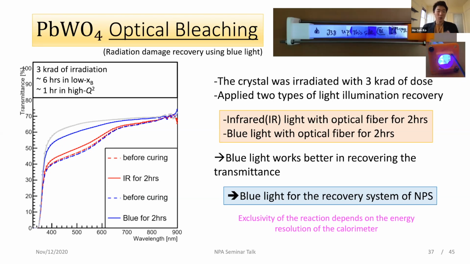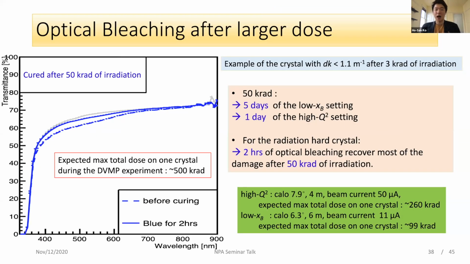So after 1 hour or 6 hours of beam time, then curing for 2 hours is a bit ridiculous for me. So we also tested a higher dose, which corresponds to 5 days, 1 day, or several days for other settings. And we tried again 2 hours of optical bleaching.